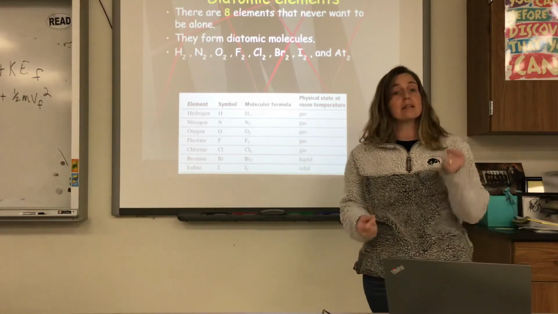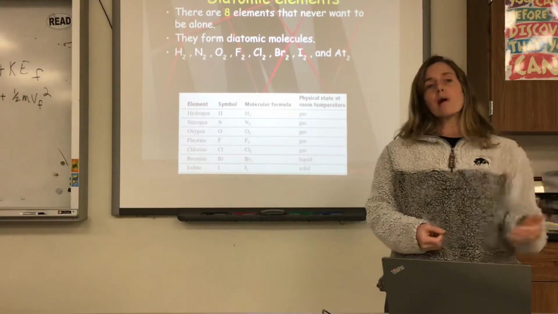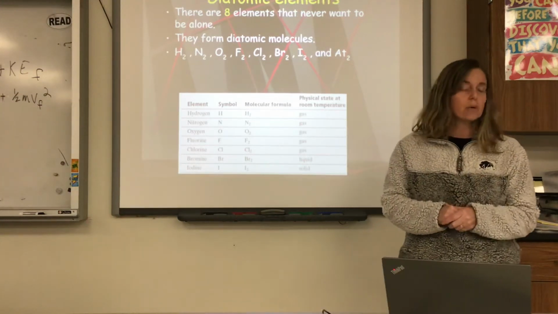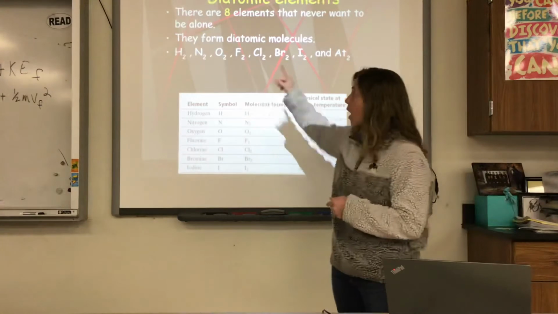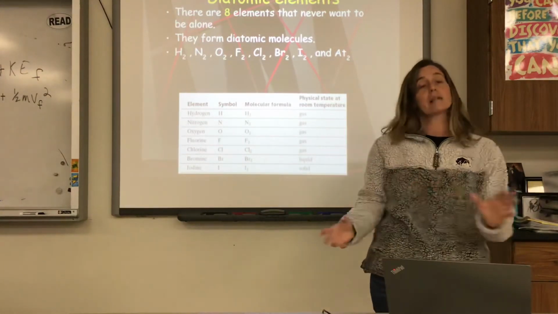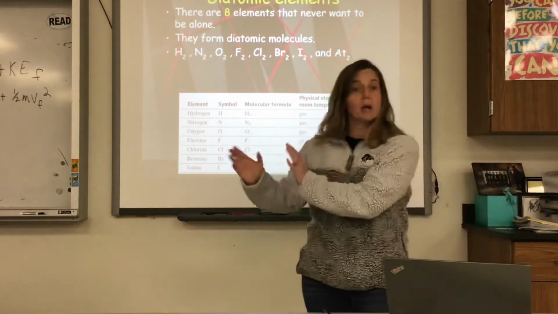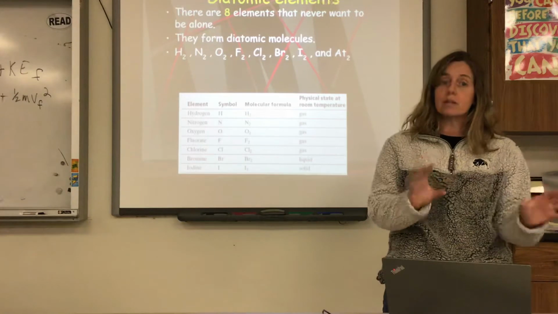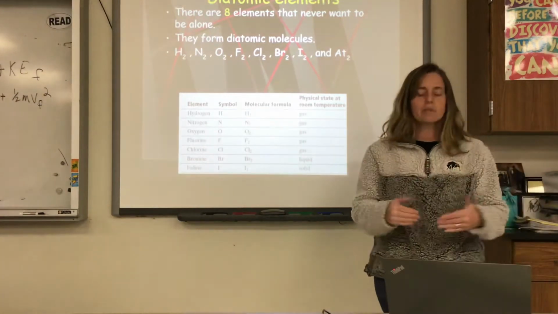It has to exist as a diatomic molecule. So when I write the formula for hydrogen, I'm going to write it as H2. When I write the formula for oxygen, I'm going to write it as O2. That doesn't affect the fact that when you mix them together, you still make water, okay? We'll talk about that later when we start balancing equations. That's where that comes into play.